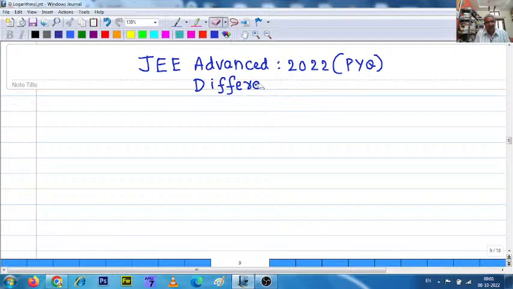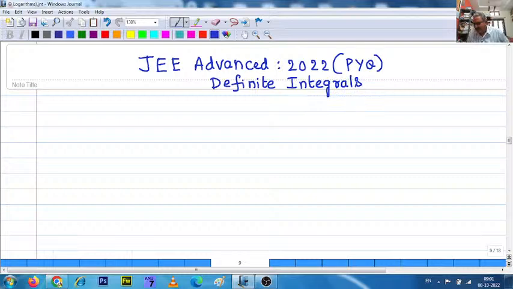Not differential equations, that we have already completed. It is on definite integrals. The concept of definite integrals, a very beautiful question that we are going to discuss. This is paper 2.